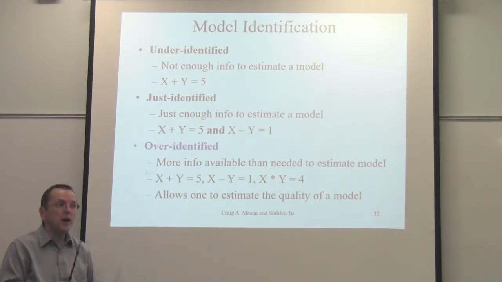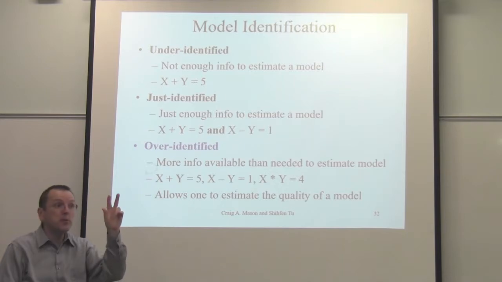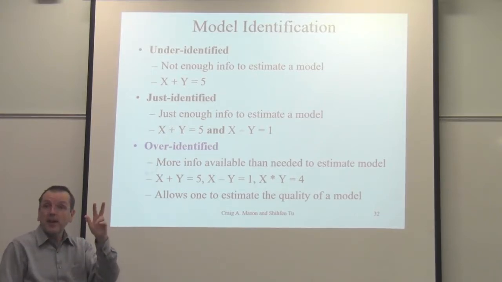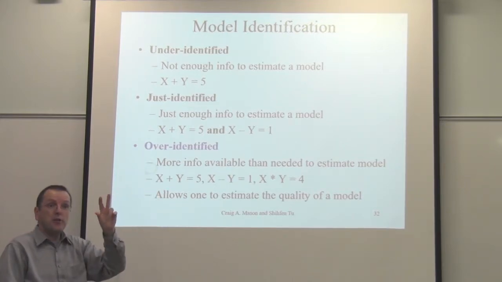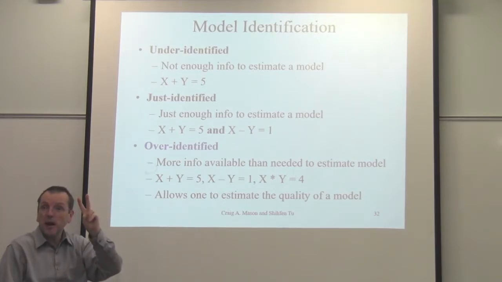It's related to what we were trying to do before. We have three correlations, three pieces of information, and we had to estimate exactly three paths. That's why it was just identified. In an over-identified model, I may have three pieces of information, but I'm only estimating two paths.